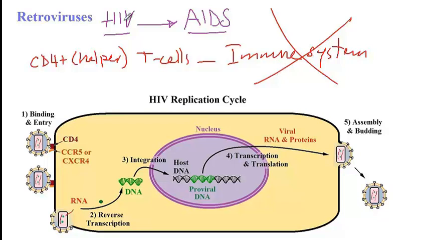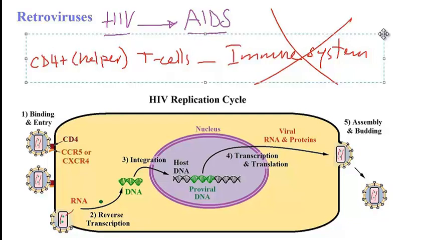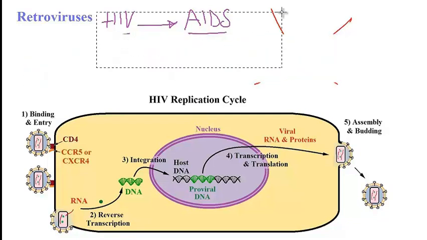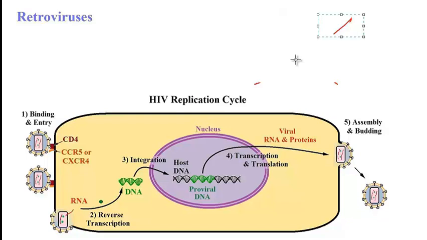Now a common question that is asked is, why can't we really find a solution to HIV? Why can't we find an antiviral medication that attacks it? And the answer is because the genome of HIV is made of a single-stranded RNA. And RNA is very prone to developing mutations.